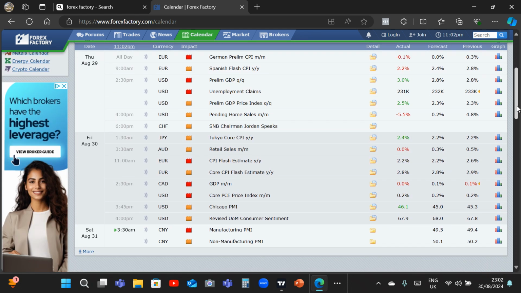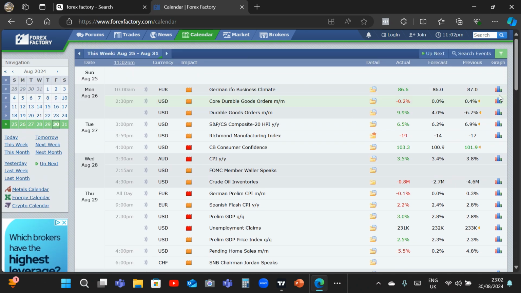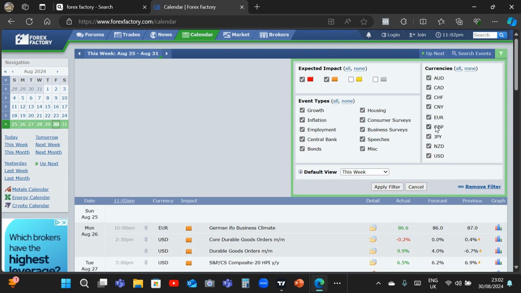All right. You can even filter it like what I have done. I only filtered for the ones that have high impact and medium impact. Anyone you see with red is high impact. Anyone you see this is medium.